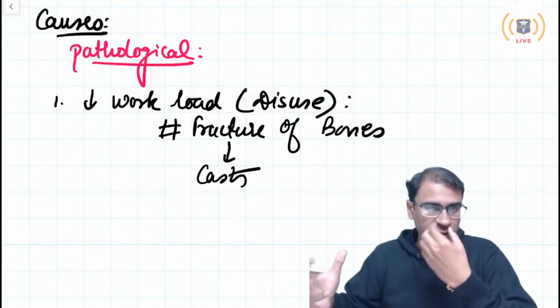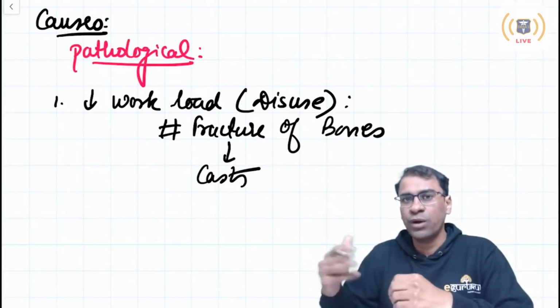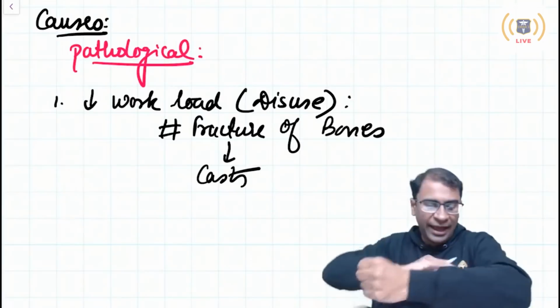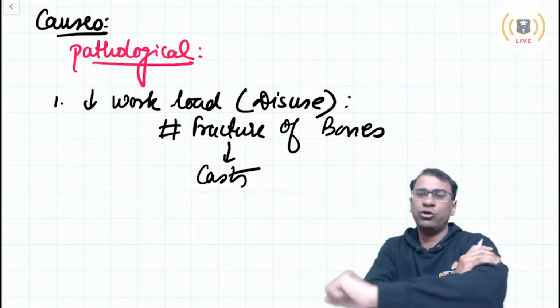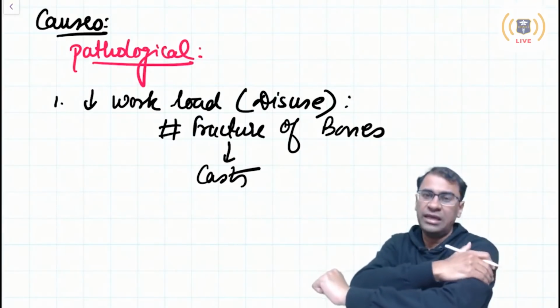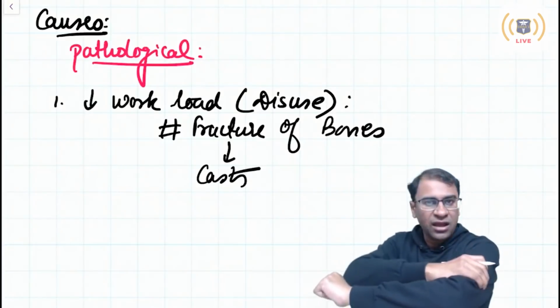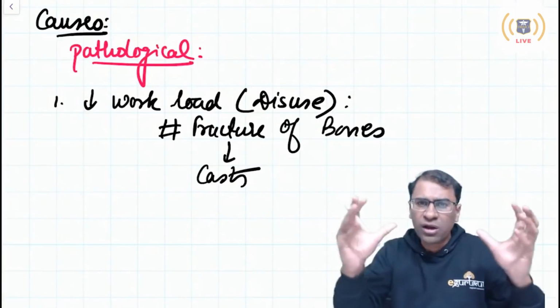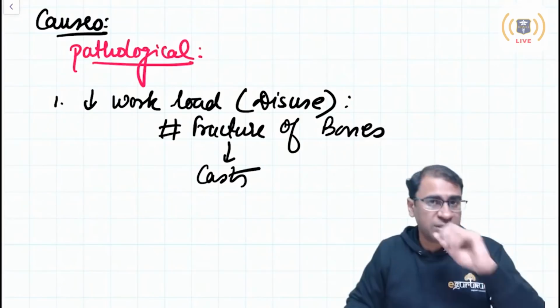When the cast is removed after 1 month, that muscle might not have been used. Suppose there's a fracture in the humerus bone and the cast is put here, and it remains there for 1 month. When the cast is removed, the muscles look quite thinned out. Why? Because the muscles have not been used.